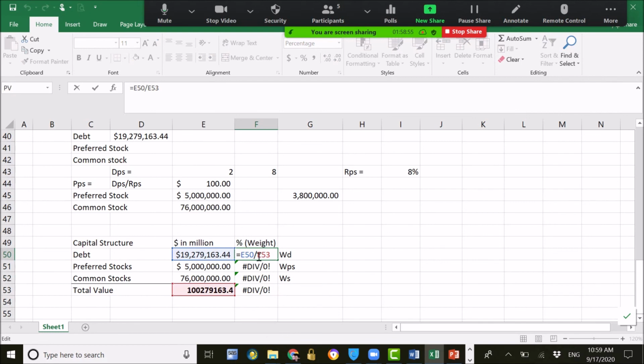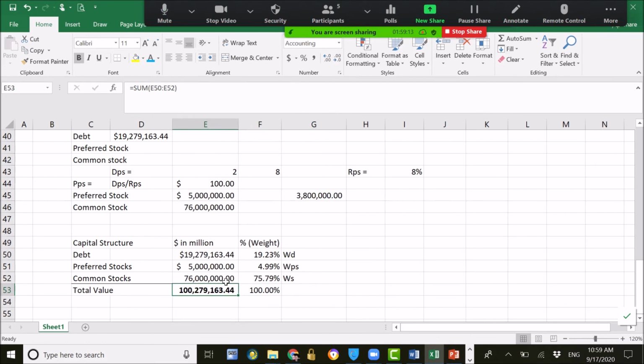Put a dollar sign here. All right, did you see what I did? I just estimated the bond value and then multiplied by the number of bonds, so I got the total value of the bonds.